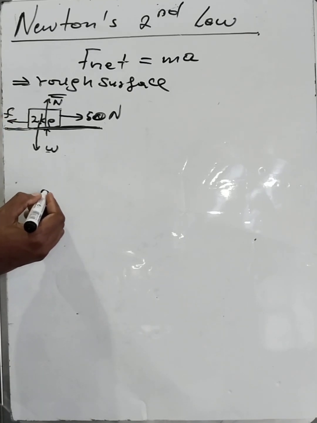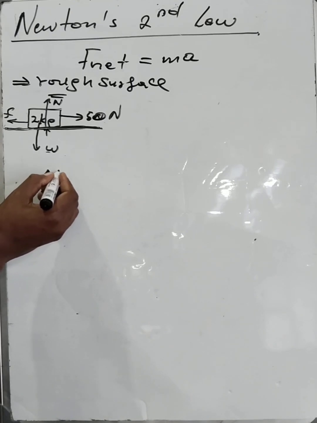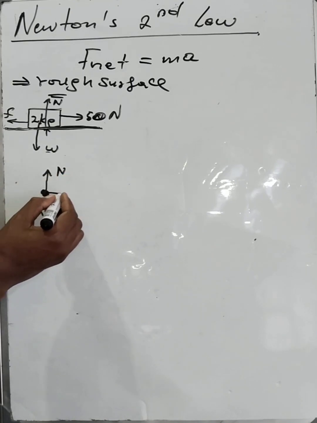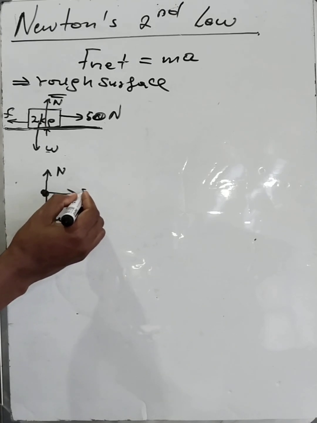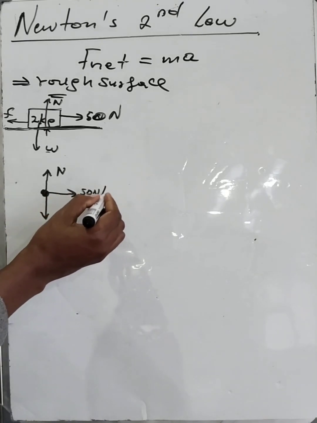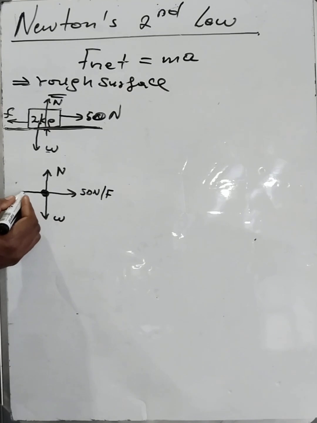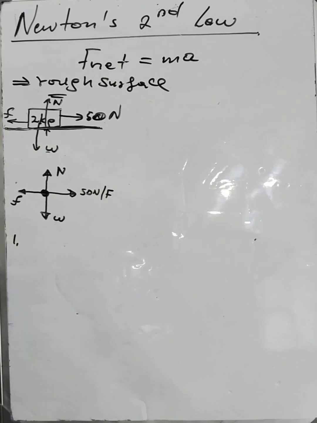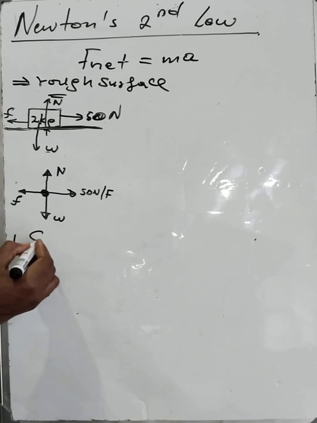So the free body diagram that we have has a normal force, a weight, a force applied. Then we have a what now? A friction. The first question here can say calculate the normal force, obviously.